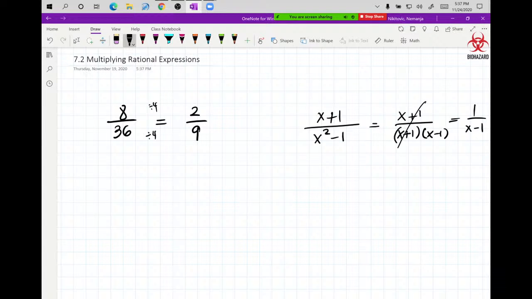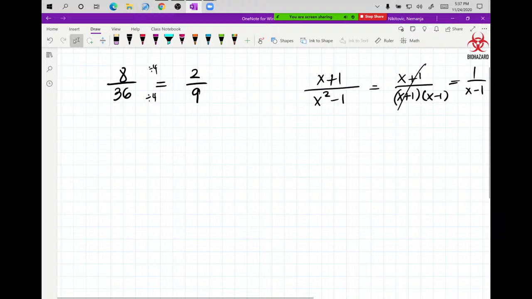So this notion of canceling fractions is very important because, whether it's numbers or expressions, it reduces the number of terms and number of factors, it reduces the whole situation to a smaller value. So now we would like to take a look at multiplication.